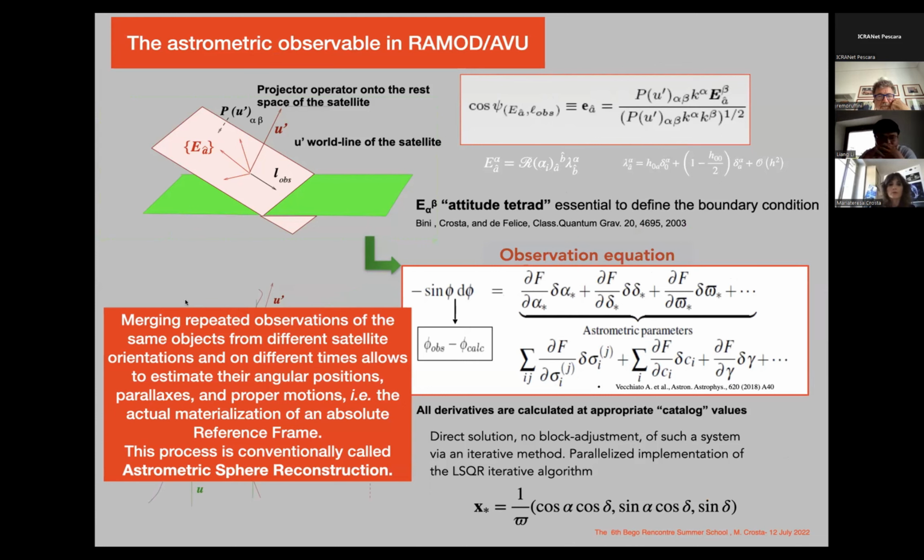So when we have many of these equations, since Gaia is surveying all the skies, we are able to have a huge amount of data that we can put in this differentiation around a catalog value.